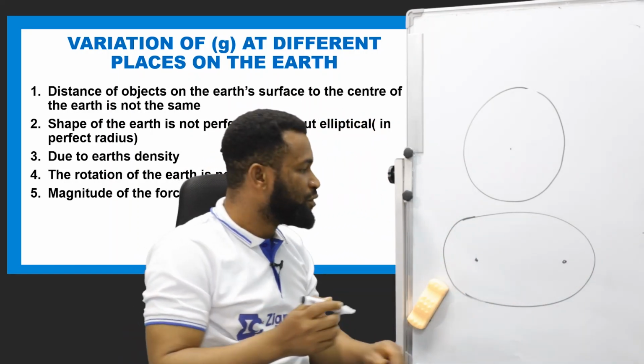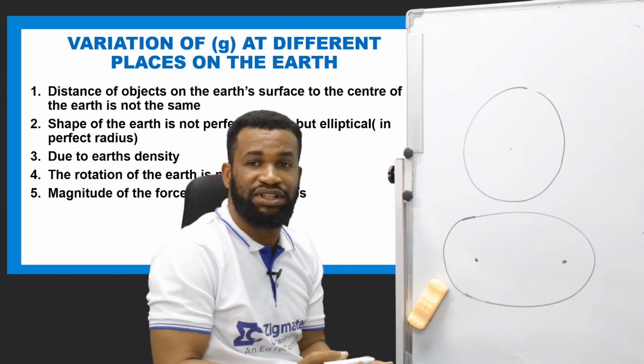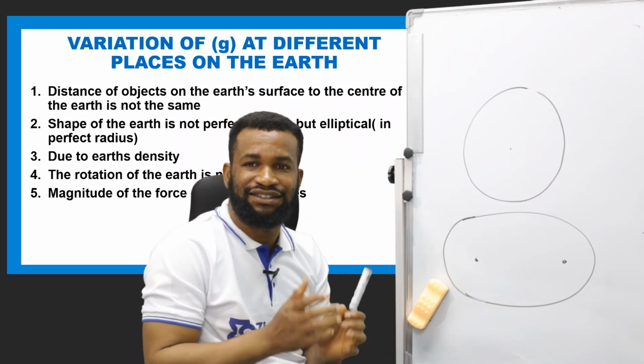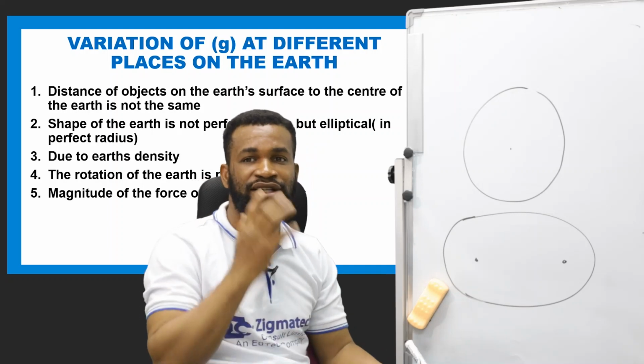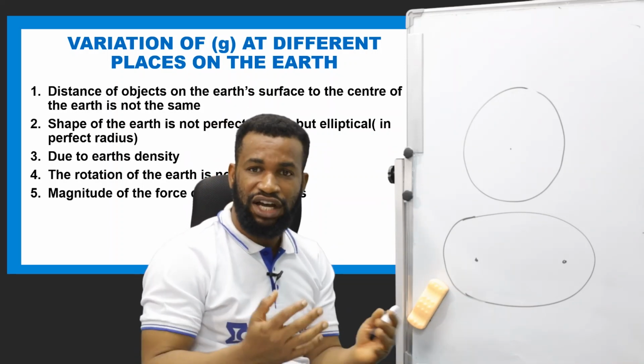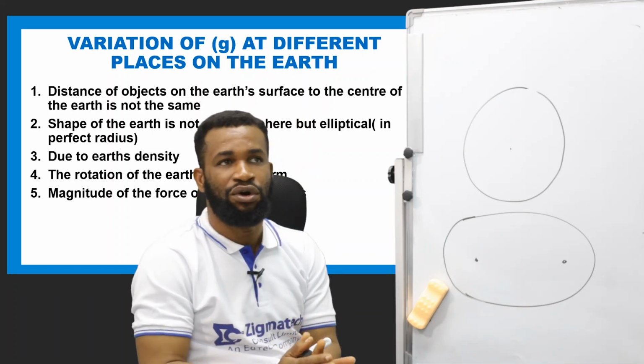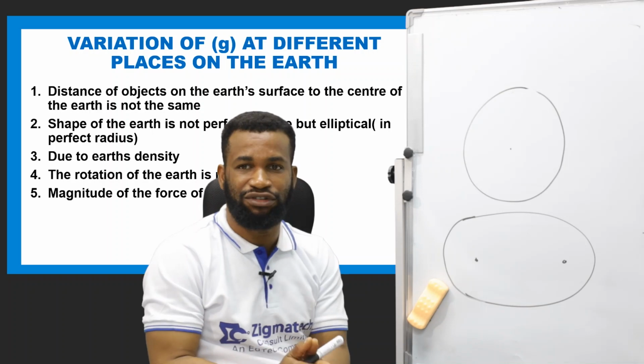In that case, where are you going to consider the radius to be? The radius is no longer going to be the same throughout, and that is also one of the reasons why the acceleration due to gravity is not going to be the same everywhere. Another one is the Earth's density. The density of the Earth also has a part to play.